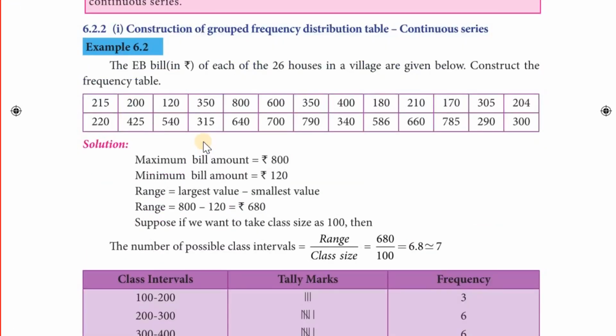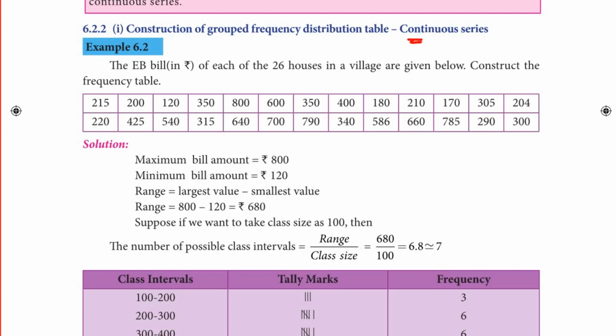Now, let us do some more examples. Construction of grouped frequency distribution table or continuous series. Probably this is the electricity bill for each of the 26 houses in a village, given below. Now you have to construct the frequency table.